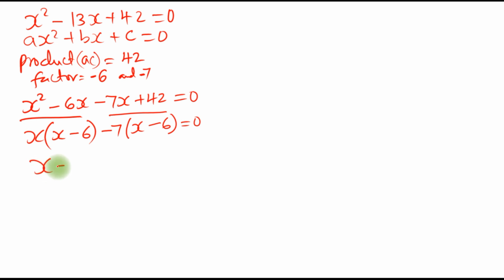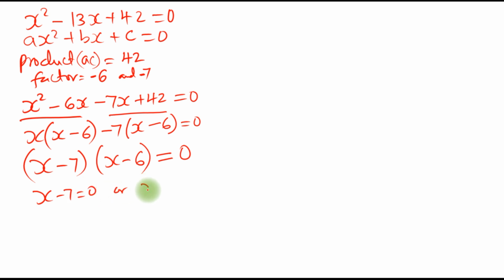Therefore, we have x minus 7 multiplied by x minus 6, which is equal to 0. Either x minus 7 is equal to 0 or x minus 6 is equal to 0. And therefore, x is equal to 7 or 6.